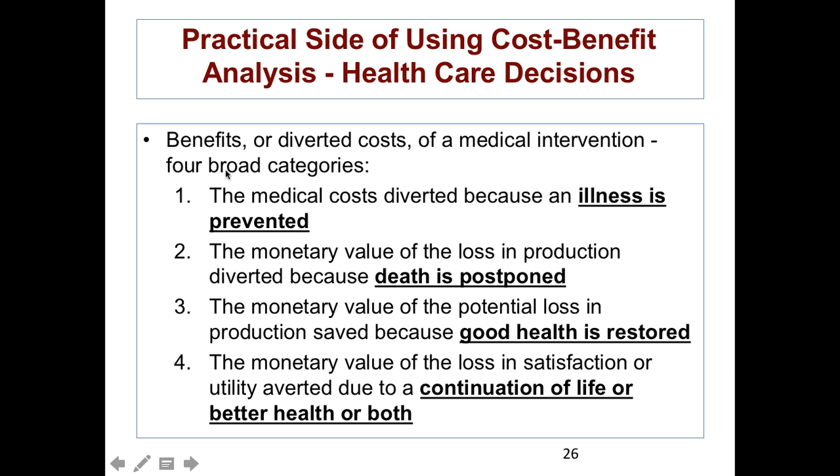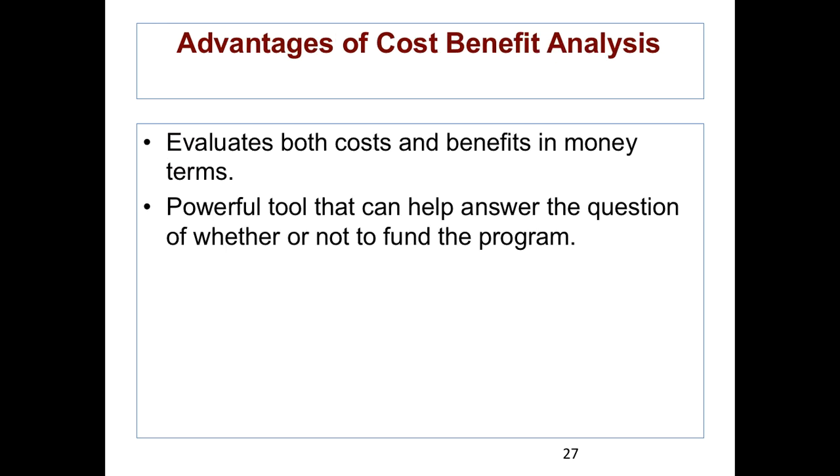We look at four broad categories: the medical cost diverted because an illness is prevented, a death is postponed, or good health is restored, or continuation of life or better health, or both. Basically, we are looking at the satisfaction from a better quality and quantity of life in monetary value.